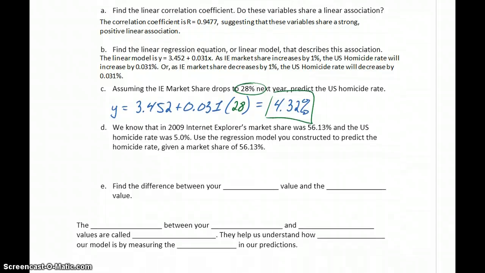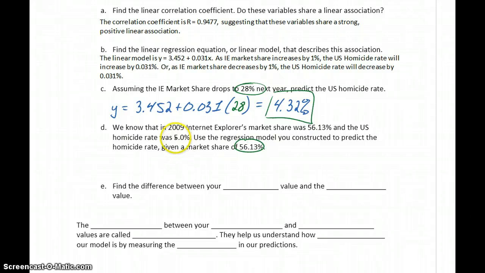When we make these predictions, we know that number isn't 100% accurate. It's going to be a little high or a little low, but if we have a good model, it should be relatively close to what we would see. So let's take a look at a predicted value versus an actual value that we know. In 2009, the market share was 56.13% and the homicide rate was 5%. We want to use our regression model to predict the homicide rate given a market share of 56.13%.